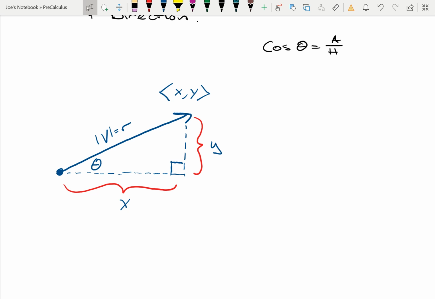Let's take it one level over. Now let's rewrite that same statement: cosine of an angle is equal to the adjacent, which is known as the horizontal component.